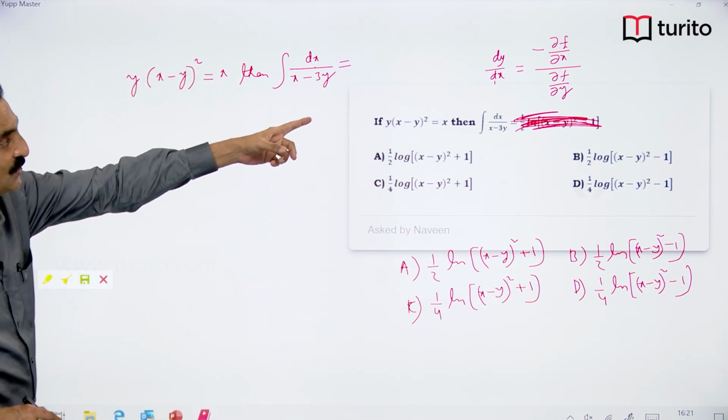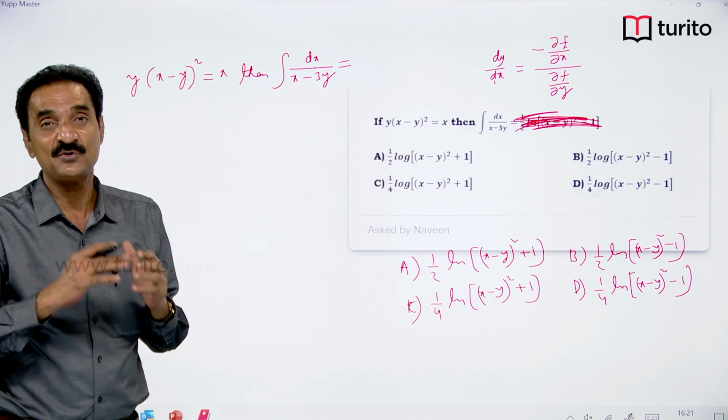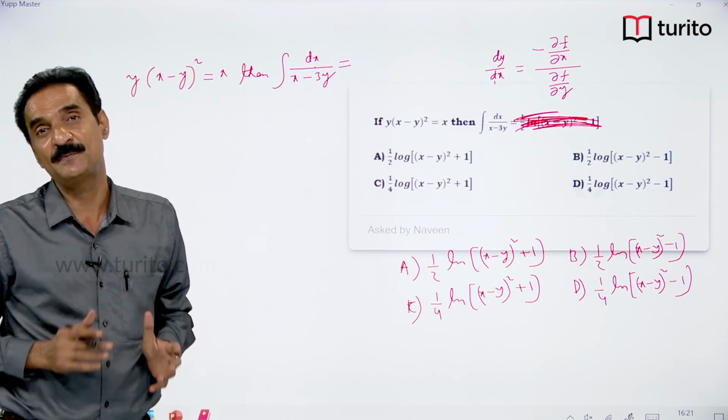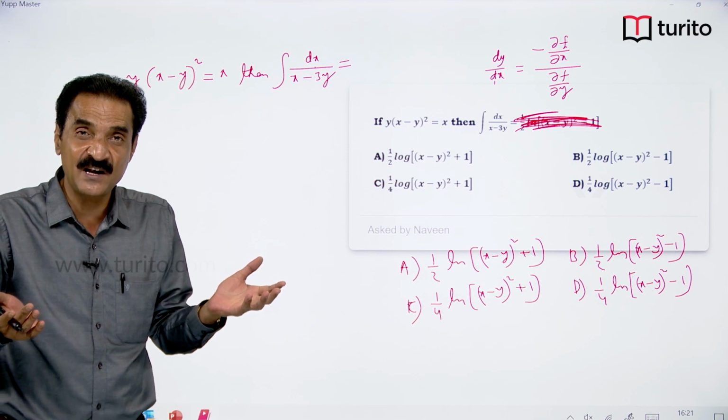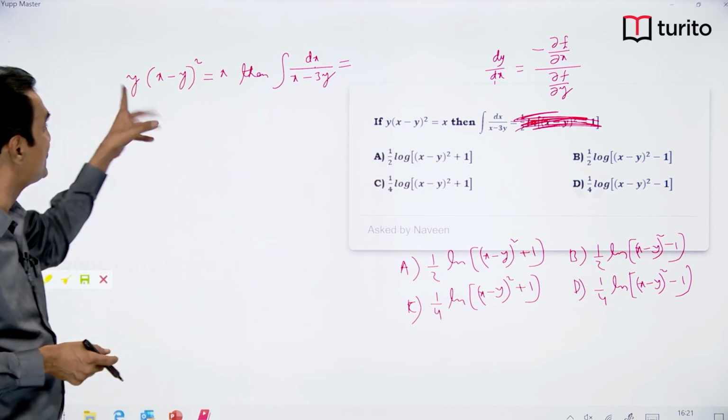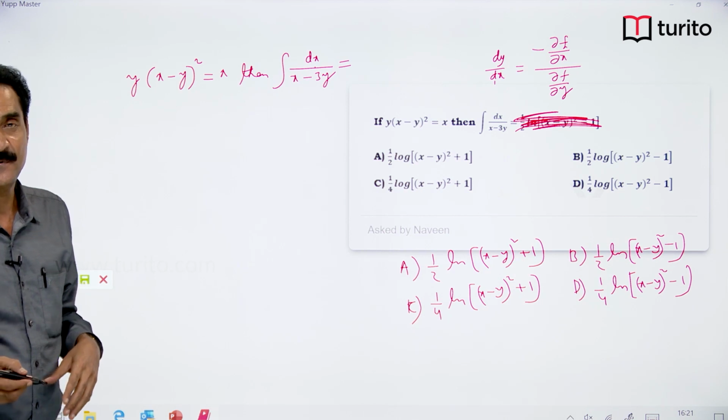That can be used for implicit functions. It is useful more in implicit functions. What is an implicit function? If the relation between x and y is given in a mixed form, indirect form like this, it is called an implicit function.